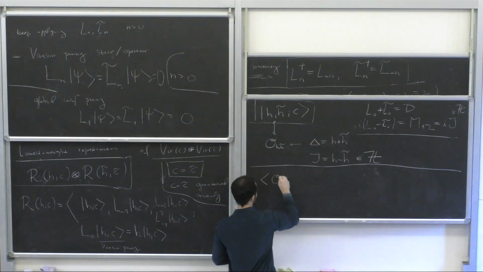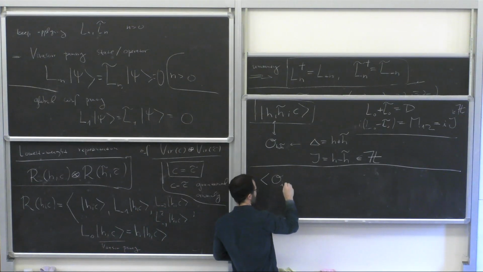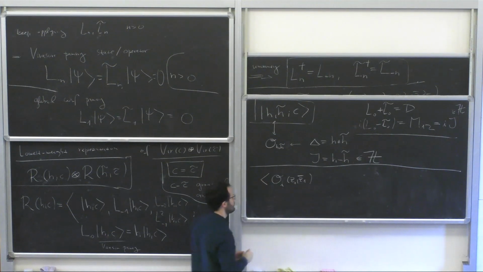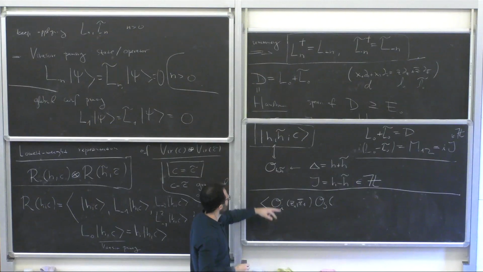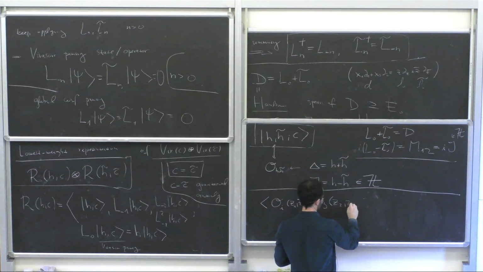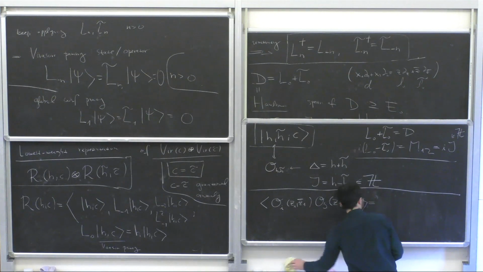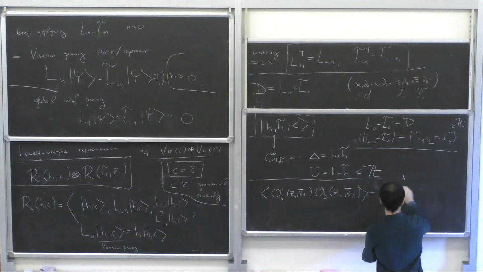So if we have 2 Virasoro primaries, O_I and O_J, in 2D, then their 2-point function has to take the following form.